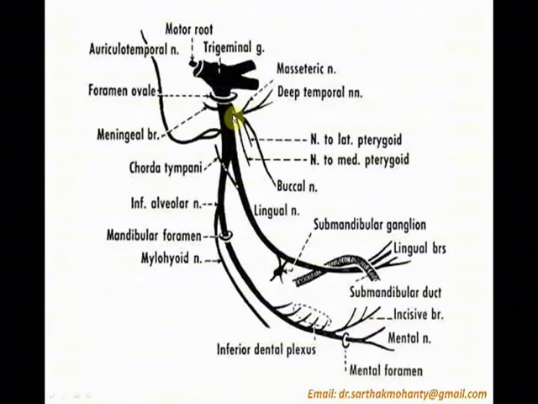From the small anterior division, 4 nerves arise: a masseteric nerve, a deep temporal nerve, a nerve to lateral pterygoid, and buccal nerve. And from the large posterior division, 3 nerves arise: auriculotemporal nerve, this is the inferior alveolar nerve, and here is the lingual nerve.